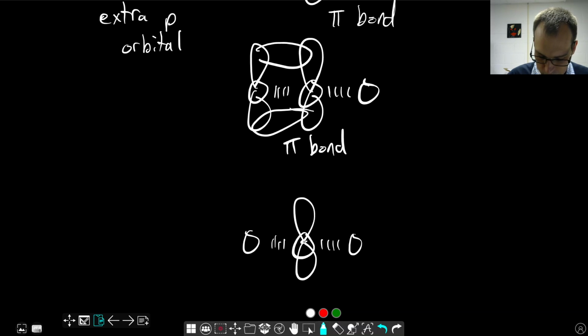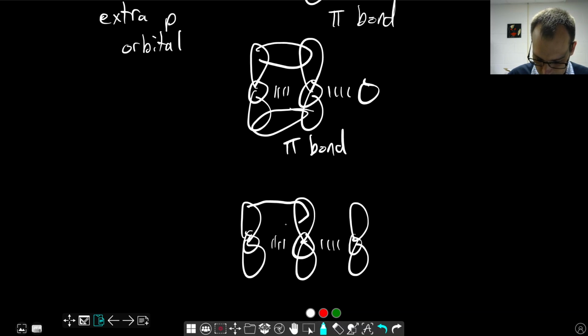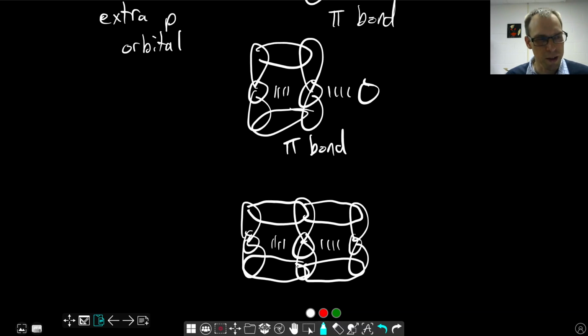So our 3 p orbitals are going to combine to form one giant p orbital over the top and bottom. There's still only 2 electrons to put into this, so it's still just 2 electrons shared, but we get a pi bond over 3 atoms.